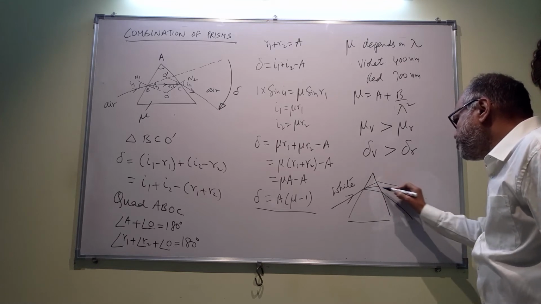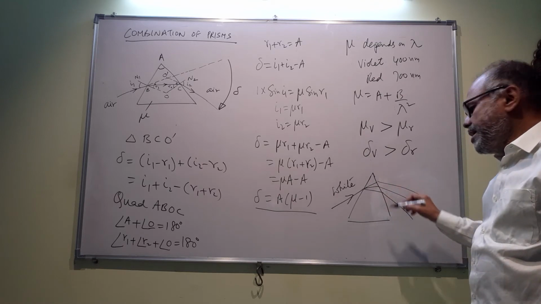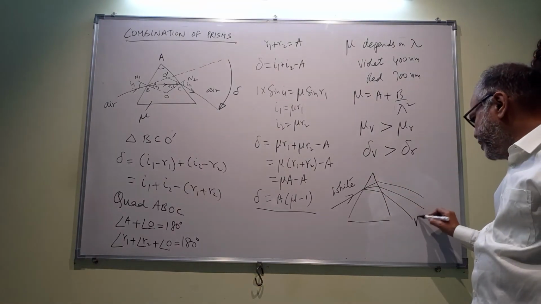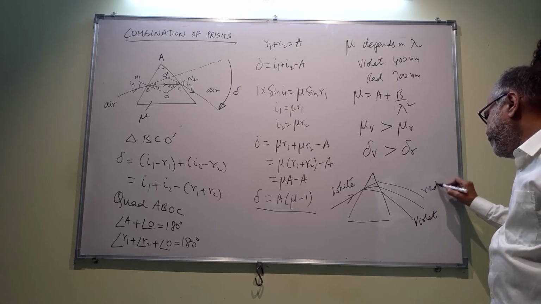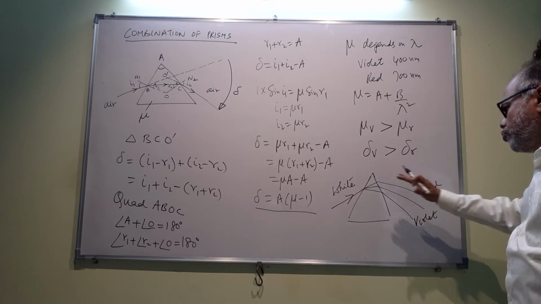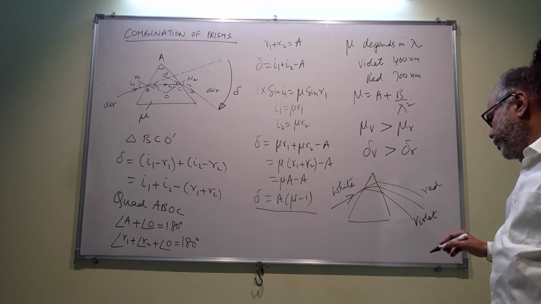Why does it disperse? Because the deviation of each of the colors is not the same. The deviation of violet is the maximum and the deviation of red is the minimum. So you have the white light splitting this way into the constituent colors.